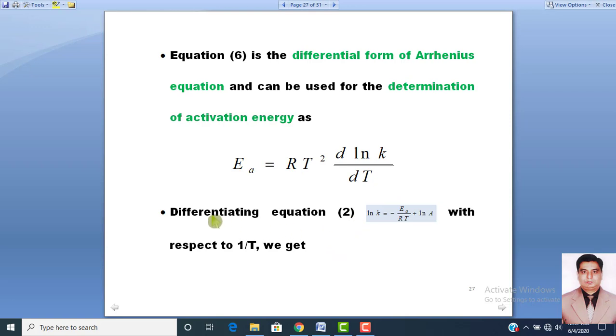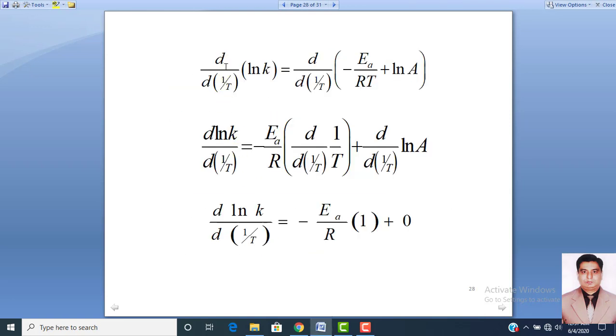Dear students, this equation number 2, differentiating with respect to 1 over T, we will get d log natural k over d into 1 by T is equal to d into minus Ea over RT plus log natural A divided by d into 1 by T. If you solve this right hand side, the outside value will be multiplied with the inside terms.